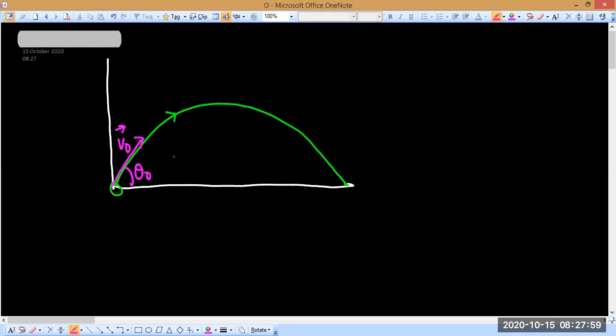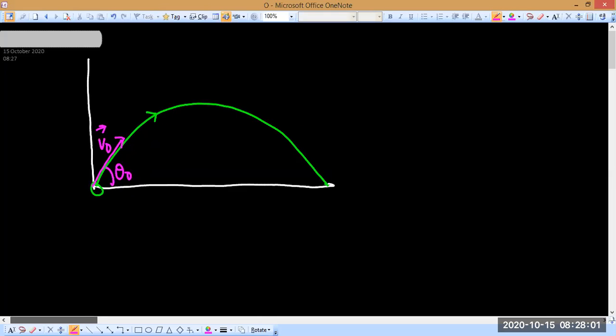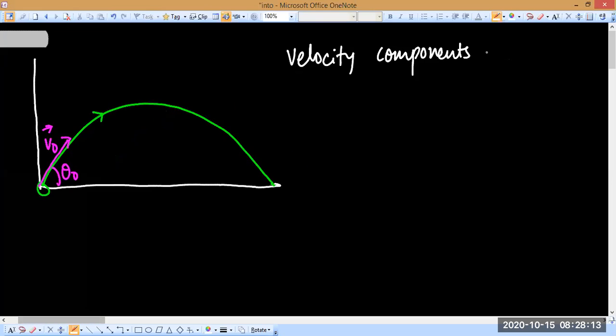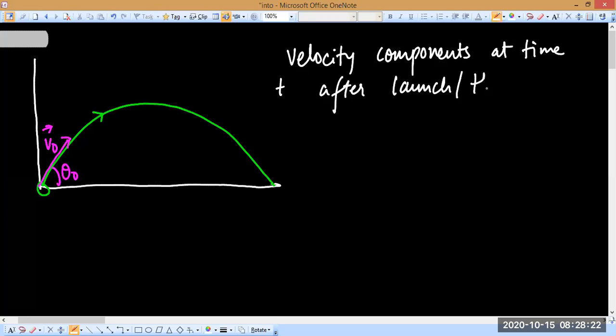Now if you want to find out, write this down properly, velocity components at time t after launch or throw.